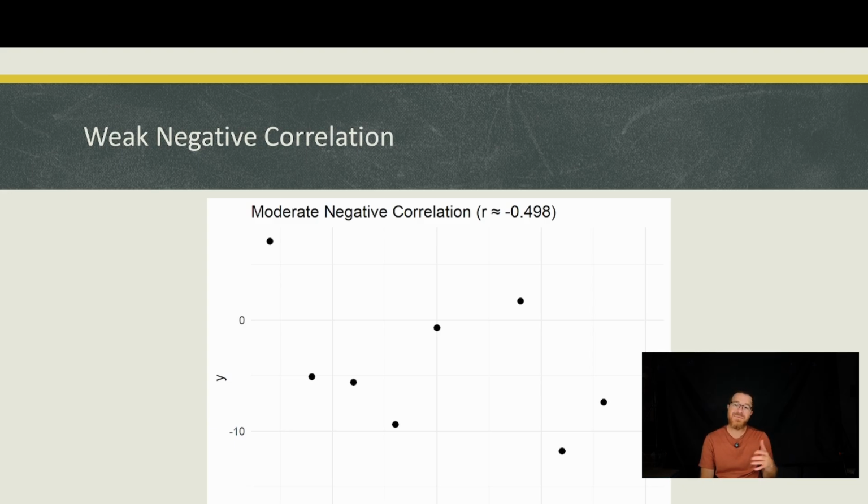So therefore, it does have some negative correlation, but it's not a very strong, precise correlation. As x changes, y does seem to change by some amount, but it really doesn't describe it that well. So looking at the line, you can see that it does have this negative trend, but again, there's a lot of distance between those points because it's not that strong of a correlation.